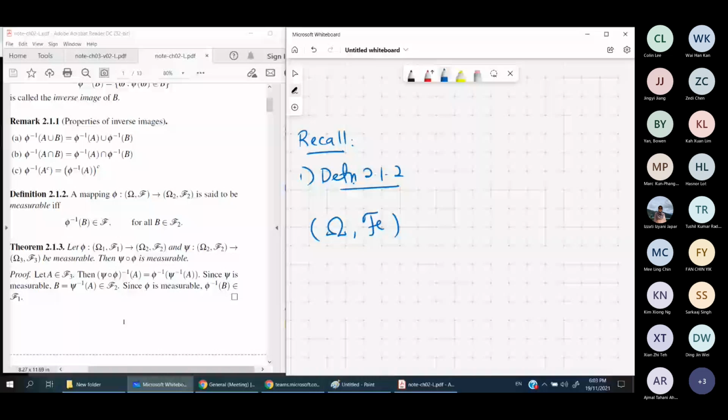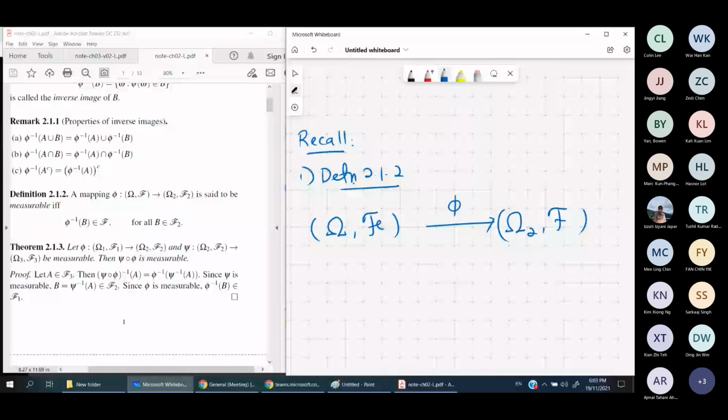And supposing we have a function phi from omega to omega 1. Of course, we consider this sample space with another sigma field here. So it's a mapping over here.